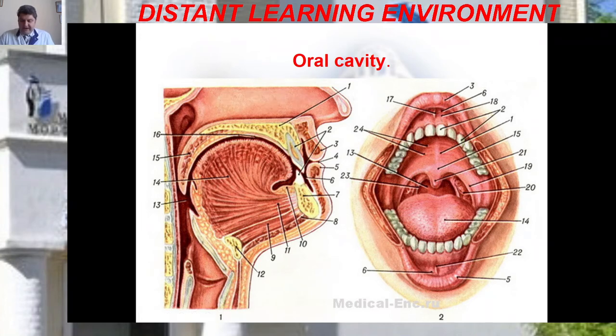Laterally, the soft palate is continuous with folds or arches: the anterior palatoglossal arch and posterior palatopharyngeal arch. So a depression forms between the anterior and posterior arch.